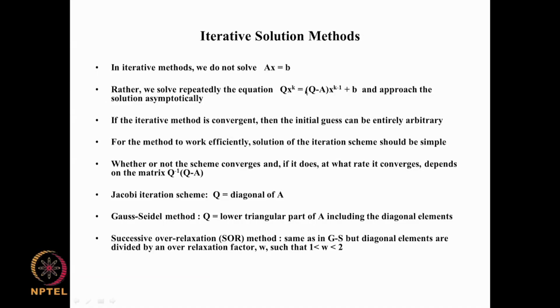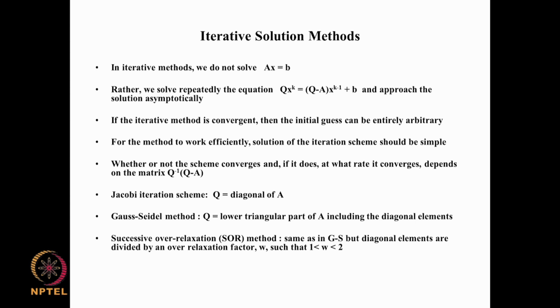So that will make it attractive, and although we are doing all this inverses and all that, we will see that when we are actually solving a large number of equations, we do not have to construct the inverse.